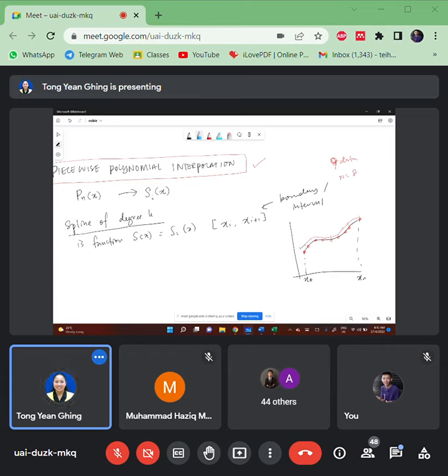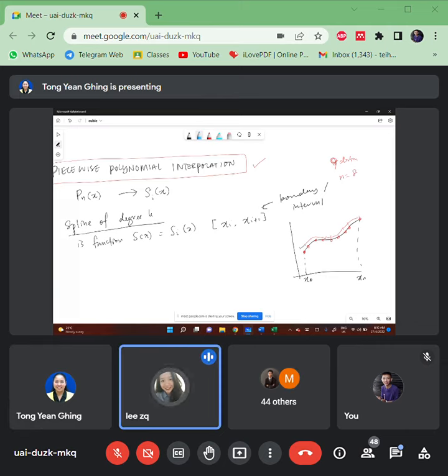If we have 9 data points, that means n is 8. So how many intervals, how many sub polynomials will we have?